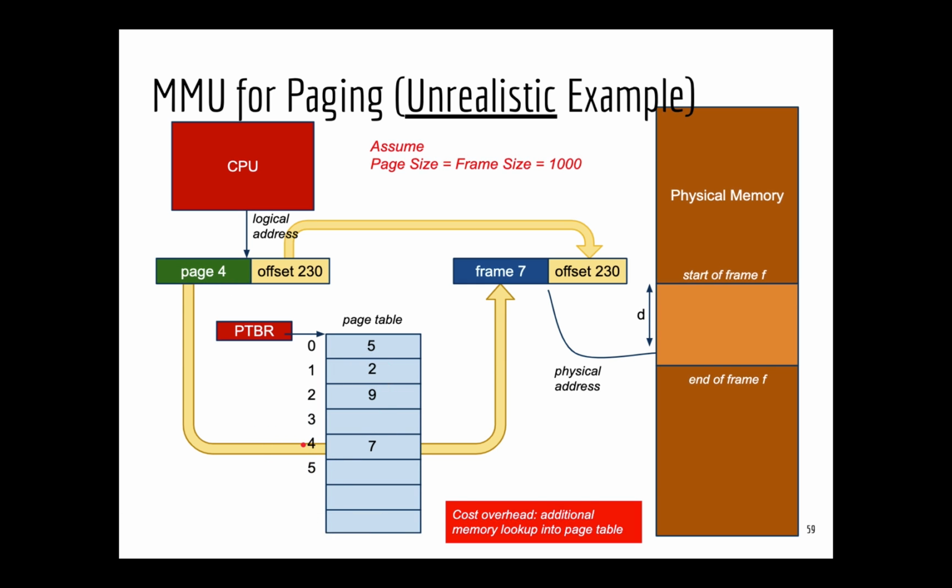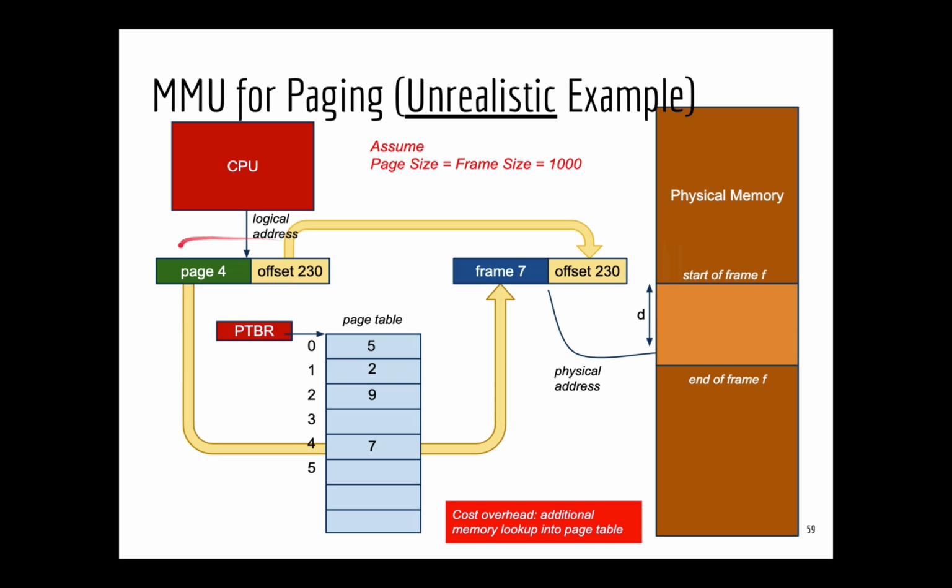The entry at index 4 of the page table will tell us the frame number. So what happens here is the page number in the logical address will be replaced with the frame number looked up from the page table, and the offset will be reused to generate the physical address.